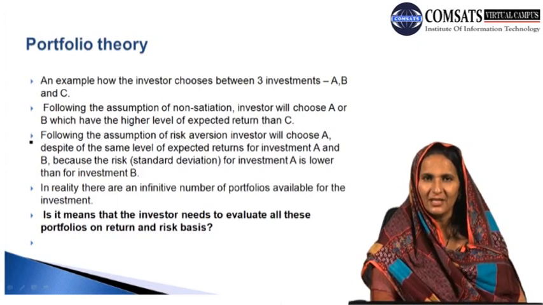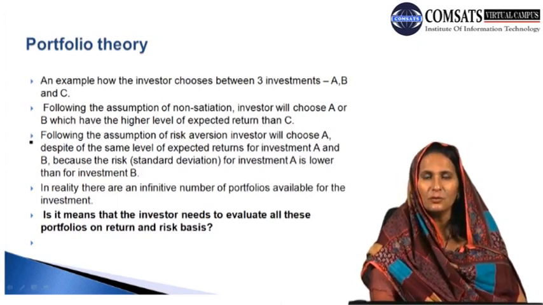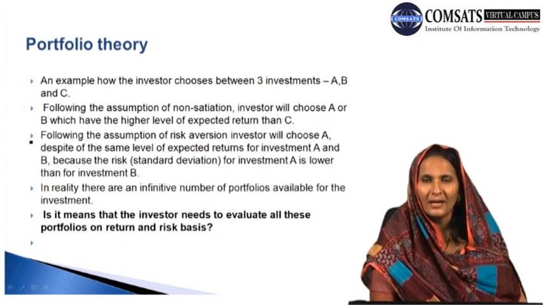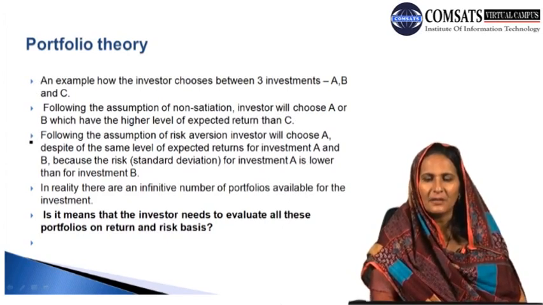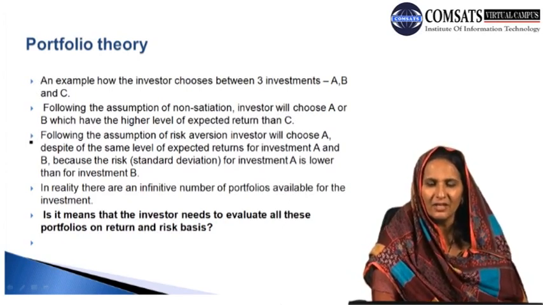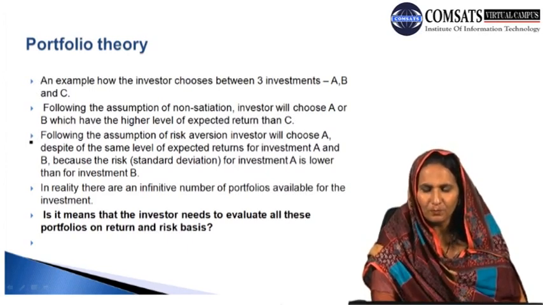The assumption of the risk aversion indicates that the investor will choose that asset that is likely to give less risk, that is likely to give more return to the individual, despite the level of expected return for the investment A and B, because the risk standard deviation for the investment A is lower than for the investment B.